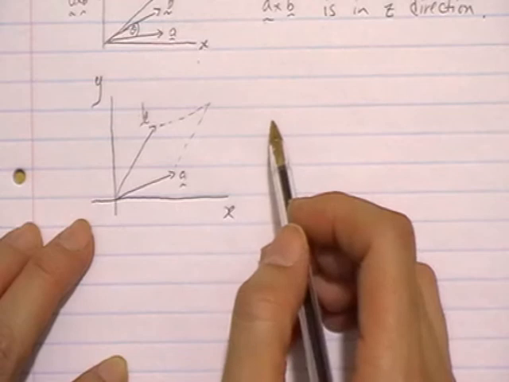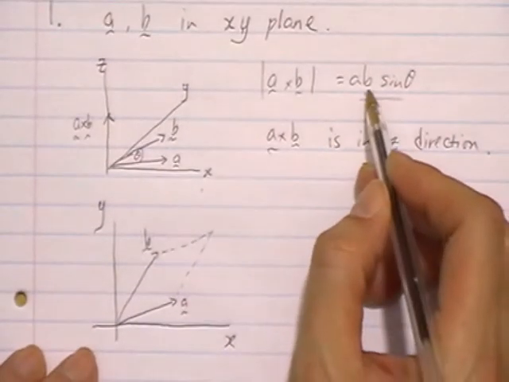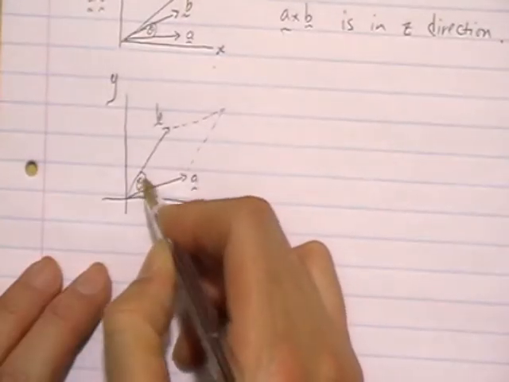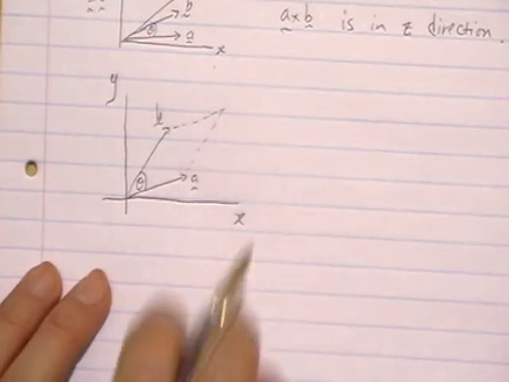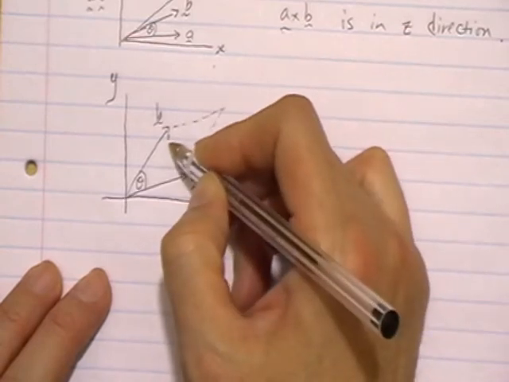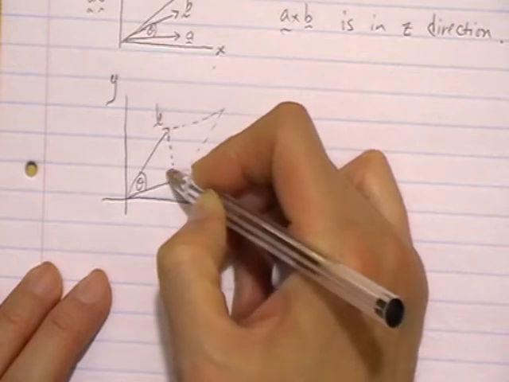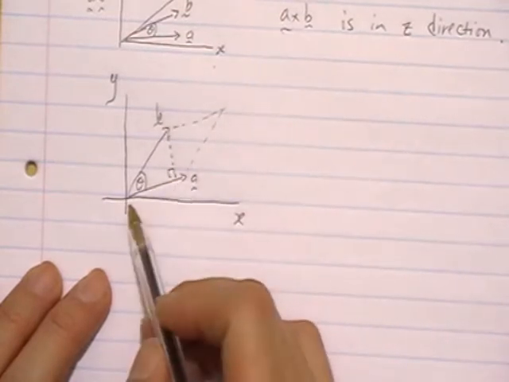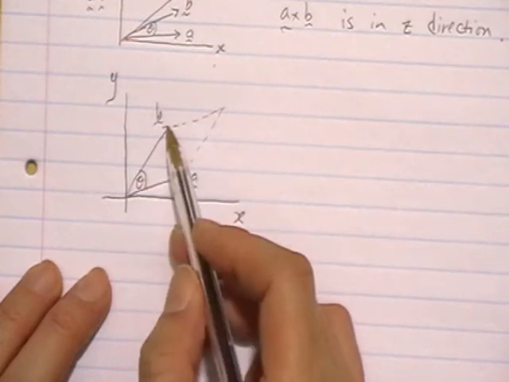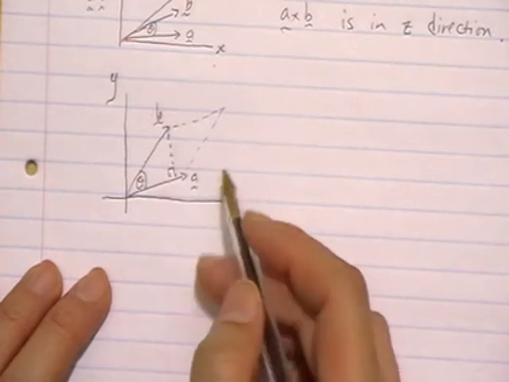And to understand why, think about B sine theta. That angle is theta. B sine theta is the length if I drop a perpendicular from B to the vector A. Because then this forms a right angled triangle and the length of this hypotenuse is B, that's the angle, so therefore the opposite is B sine theta.